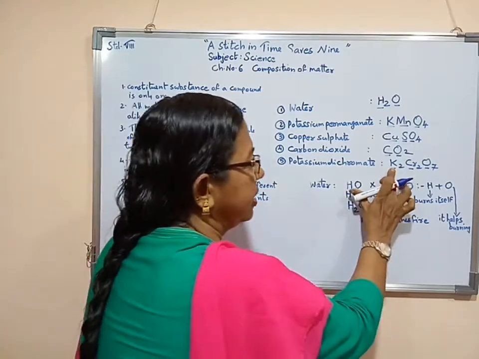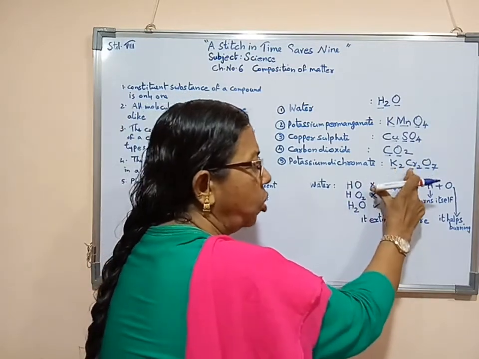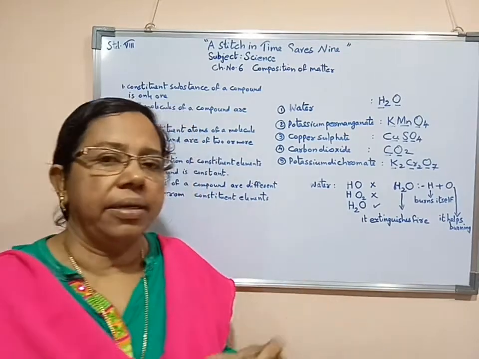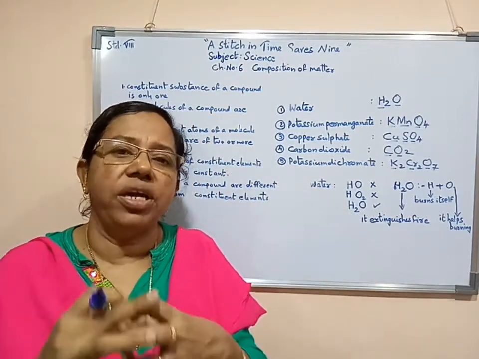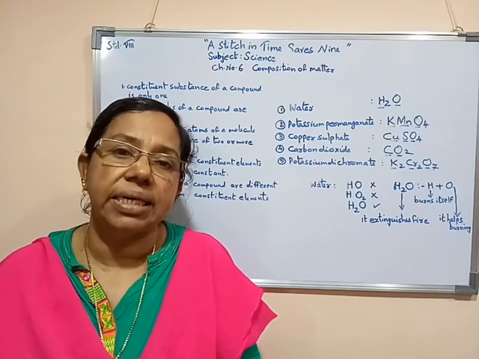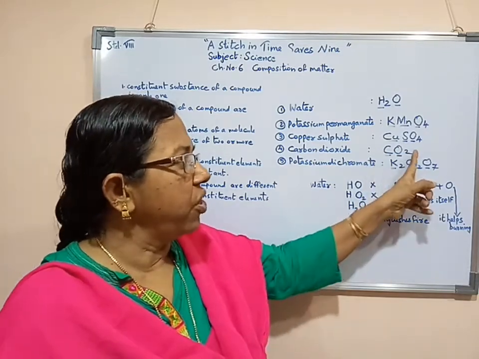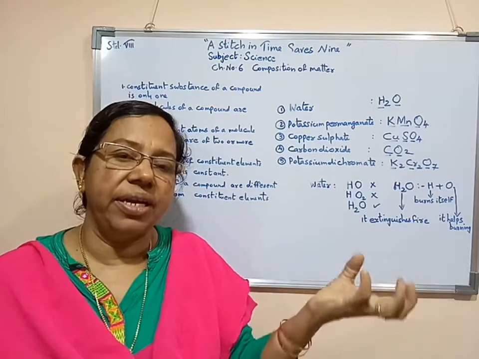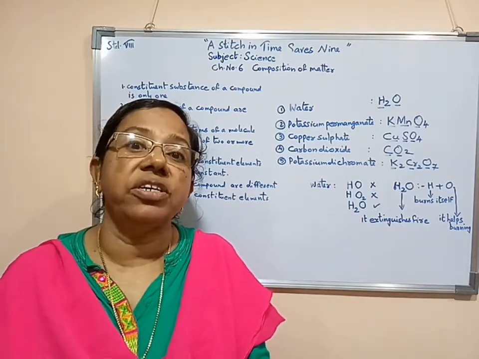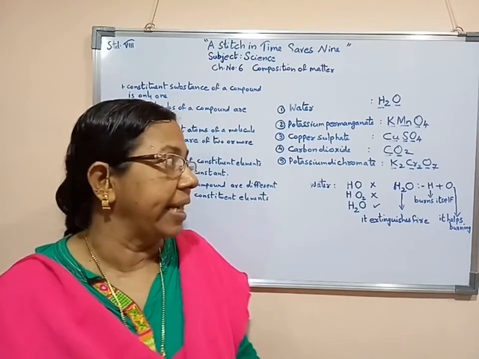Potassium has one character, chromium another, oxygen another. But when all these three join together, a compound forms that has another character. Carbon dioxide is the same: carbon has a different character, oxygen has a different character, both join together and carbon dioxide forms, which has another character.